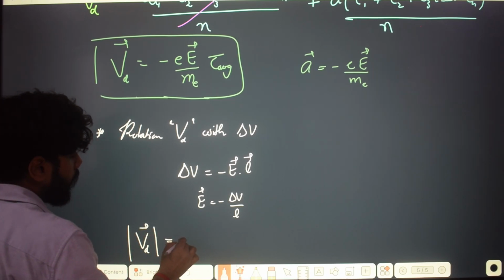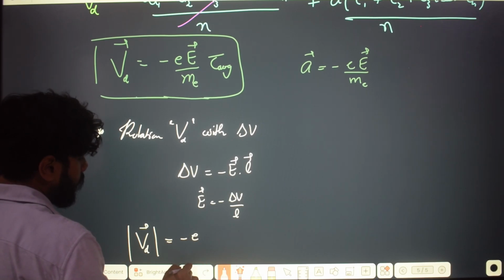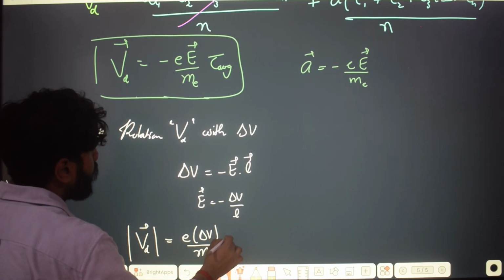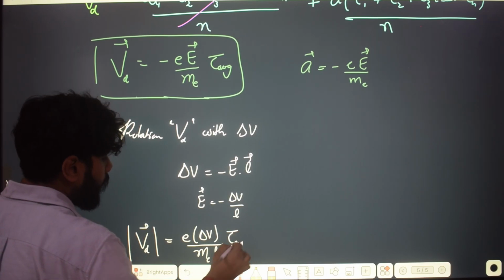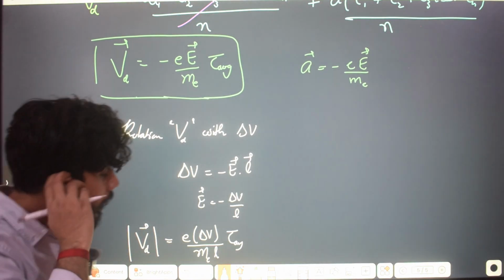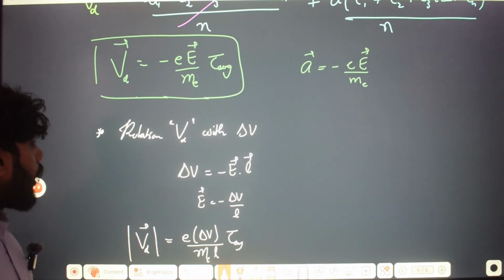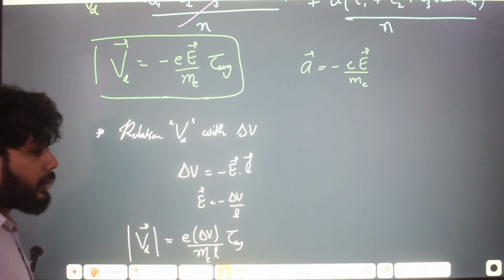So we have derived the relation of Vd with potential difference. Got it?